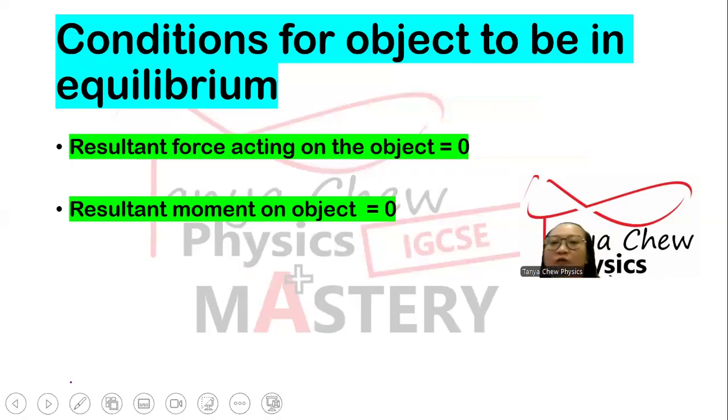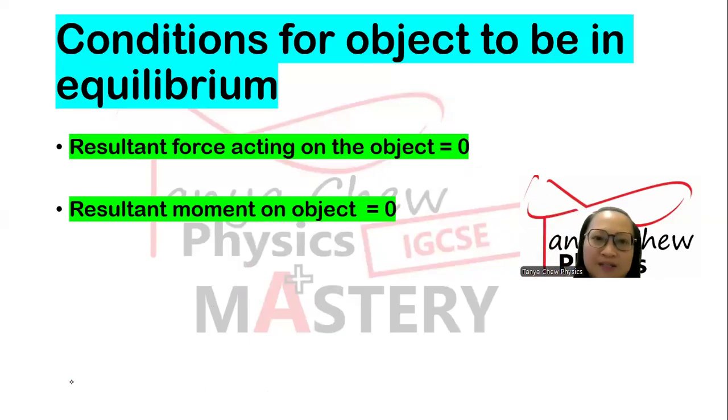Now, conditions for an object to be in equilibrium. If a question regarding moment is coming up, normally in the first part they will ask you to list down 2 conditions for an object to be in equilibrium. Just memorize this. Resultant force acting on the object is equal to 0. What do I mean by resultant force? Let's say this is the object.